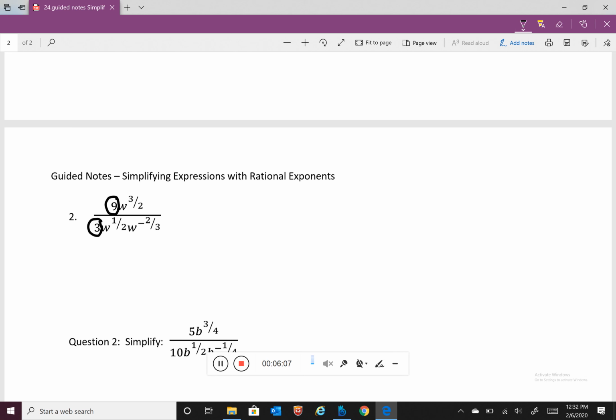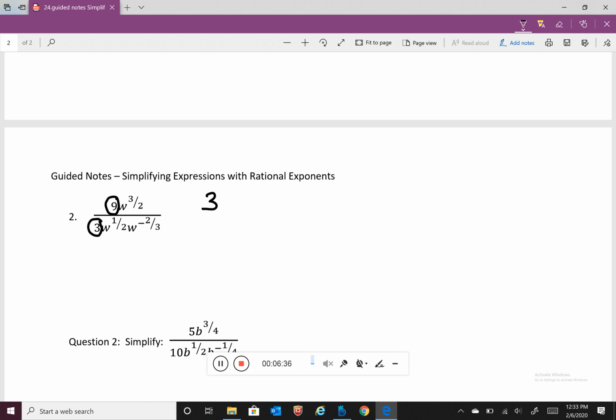And 3 is a whole number, and it's going to go in our numerator because 9 divided by 3 is 3. It is not 1/3. If it was 1/3, then 3 would be going in the denominator. The next thing I'm going to notice is we have w to the 3/2, and then we have w to the 1/2, but that w to the 1/2 is in the denominator.